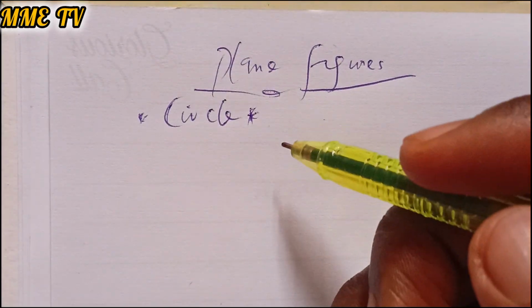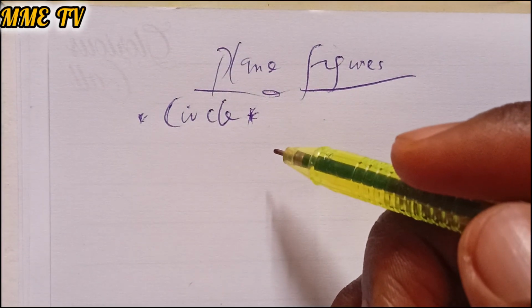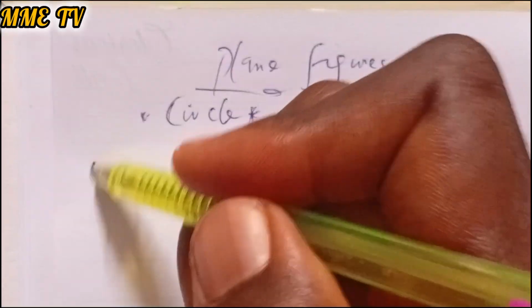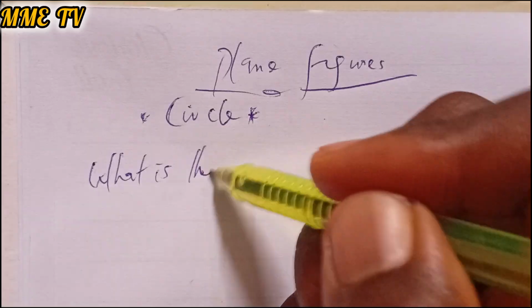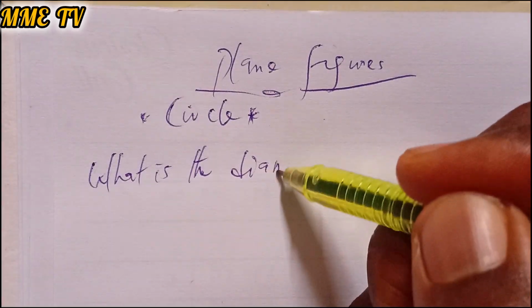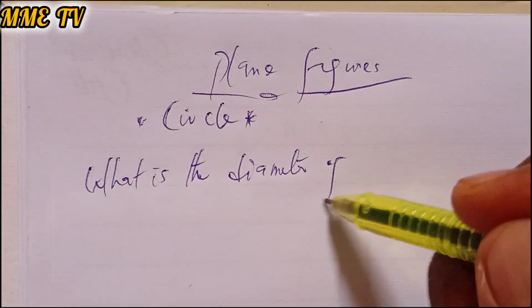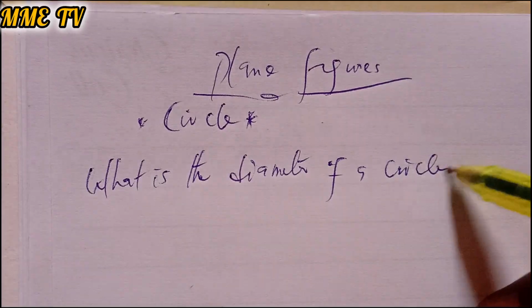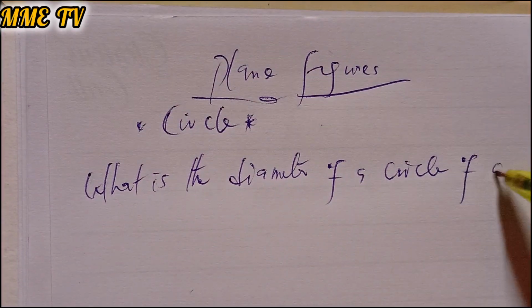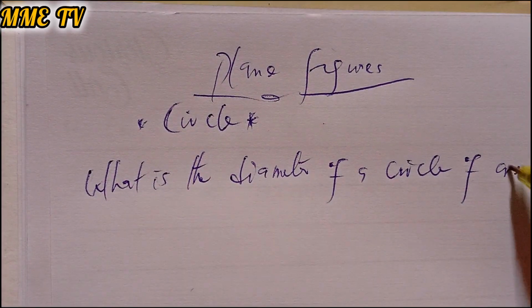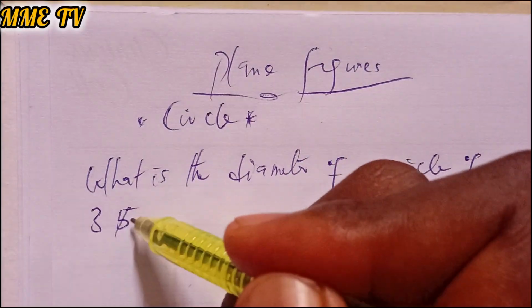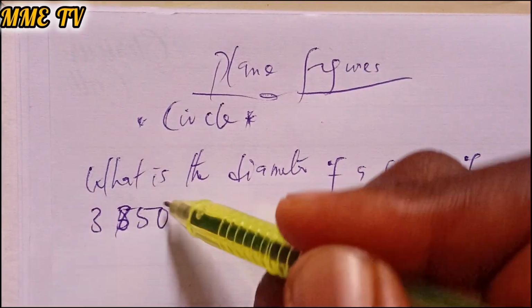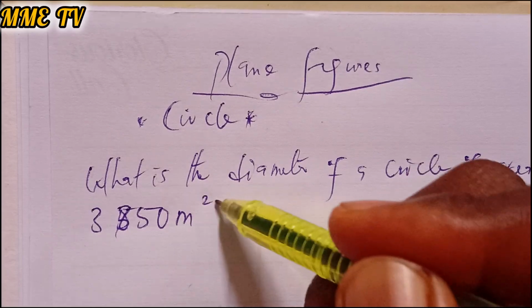Let's take a question just like this. Someone could probably say, what is the diameter of a circle of area 3850 meters square?